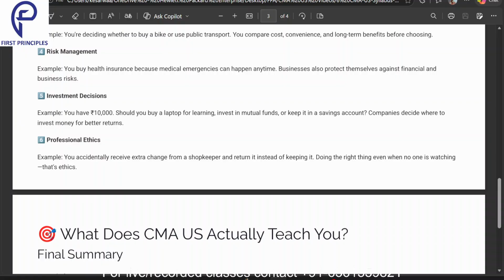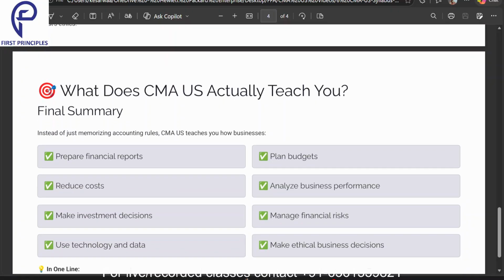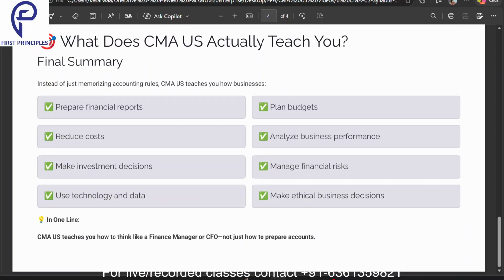Now lastly, what does CMA actually teach us? It helps us to plan budgets, reduce costs, prepare financial reports, analyze business performance, make investment decisions, manage financial risk, use technology and data, and make ethical business decisions. So CMA US teaches us how to think like a finance manager or CFO.